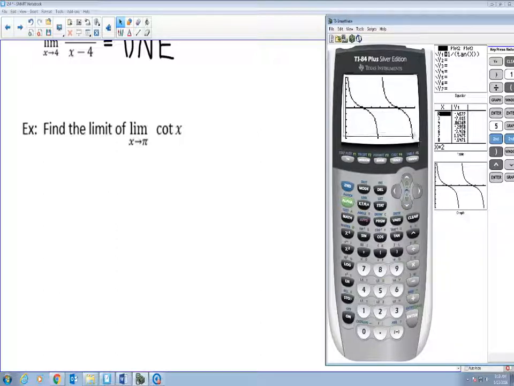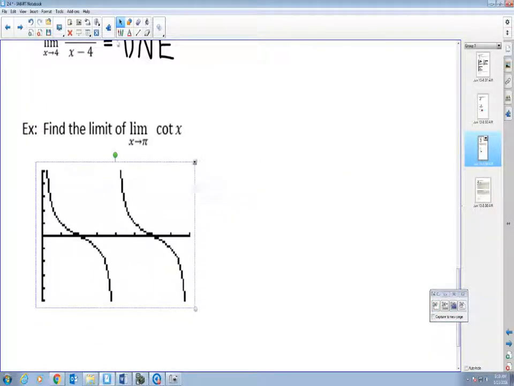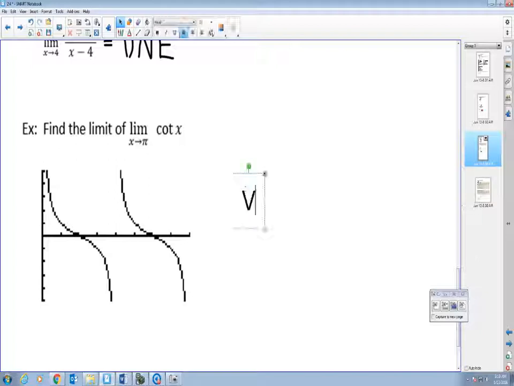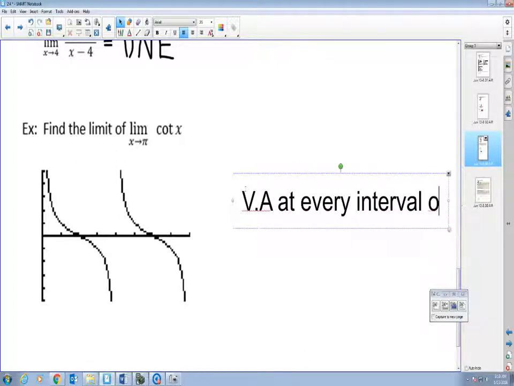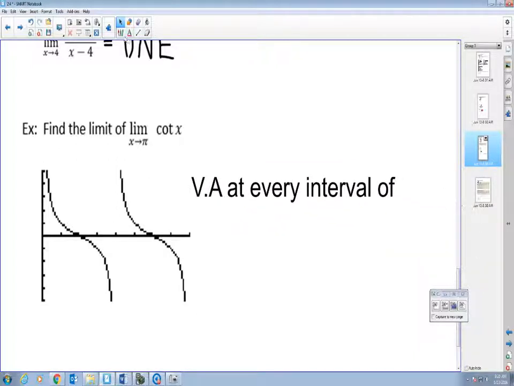So from the trigonometry class, as you can recall, for the cotangent, there's a vertical asymptote at every interval of pi. So what that tells me is I have a vertical asymptote.